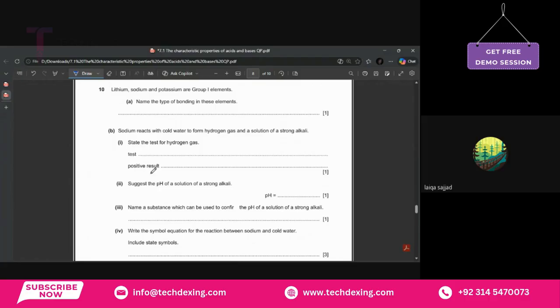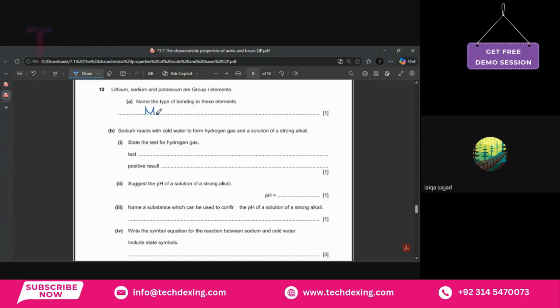Yes, they are all metals, and they consist of a lattice of positive ions surrounded by a sea of delocalized electrons. We know that all metals have a sea of delocalized electrons. That's why we can say it has metallic bonding inside it. So the type of bonding in these elements is metallic bonding.